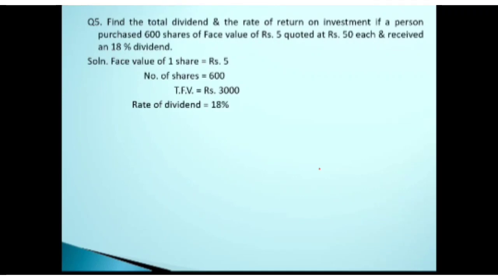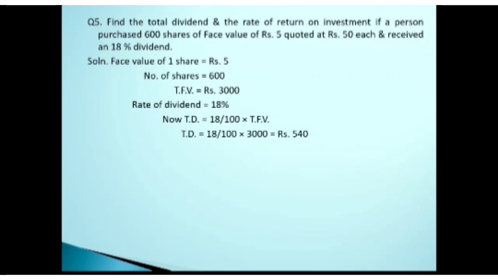Face value rupees 5, number of shares 600, total face value. You have to calculate 5 into 600, that will make 3000. The rate of dividend is given to be 18%. So you will be calculating the total dividend, and that comes to be here rupees 540. Many of the students got that answer.